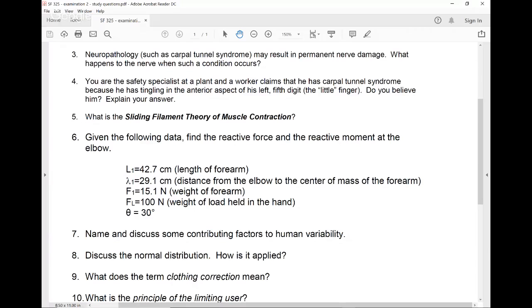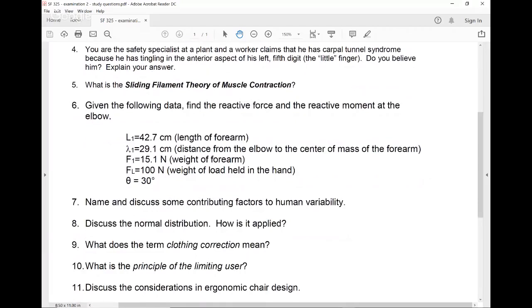So parts of the nerve may die. It may scar and then die. You don't want that, obviously. You're going to have either weakness, immobility, or loss of sensation if you have nerves dying. That's what I'd be looking for there.